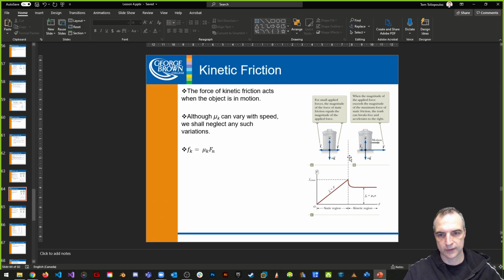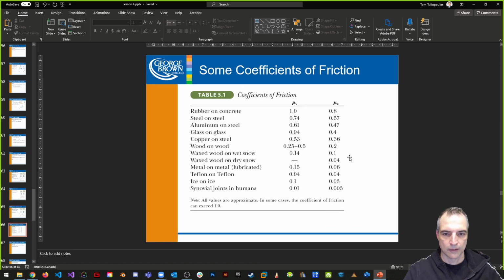Okay, I'm just going to move to the next slide here. And this is the table. So we can see some common coefficients of friction. Notice the mu static of rubber on concrete is 1. That means however big you are, the larger the mass, it's a 1-to-1 relationship. You're pushing against gravity here.